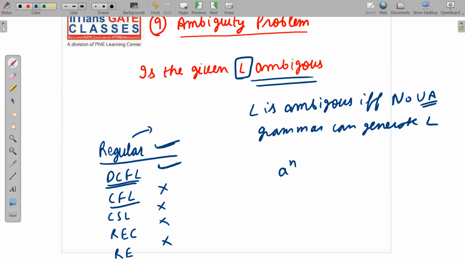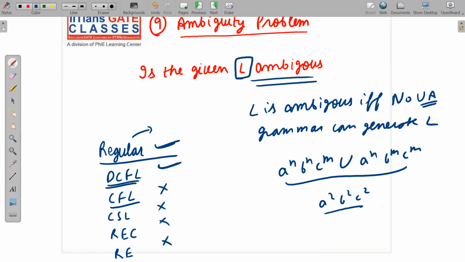For example, a power n, b power n, c power m, union a power n, b power m, c power m. If you want to generate the string a power 2, b power 2, c power 2, this string will be in this language and also in this language. So this language will be ambiguous, because we cannot write any unambiguous grammar generating it.